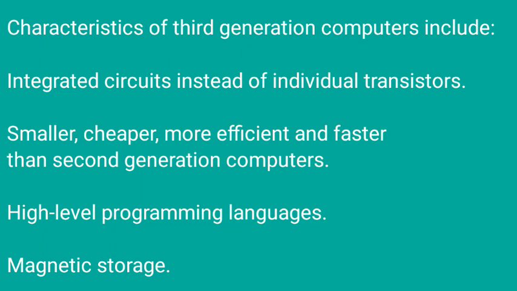So what are the characteristics of the third generation we got? Integrated circuits instead of transistors. They became smaller, cheaper, more efficient and faster than the second generation computers.